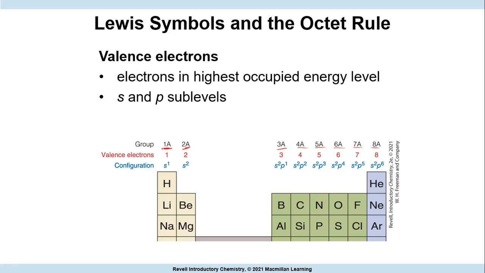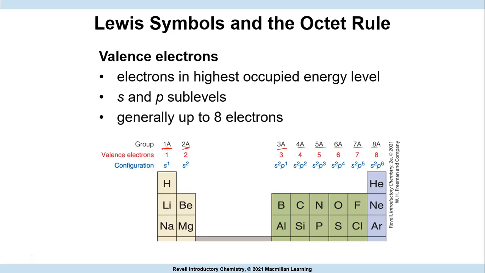For these main group elements, only the s and the p subshells are involved. The s subshell can hold a maximum of 2 electrons and the p subshell can hold a maximum of 6 electrons. So generally, they can hold up to 8 electrons.